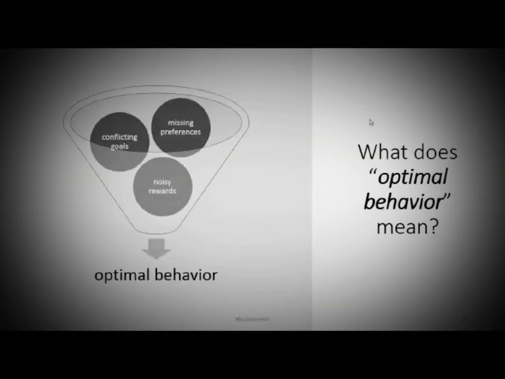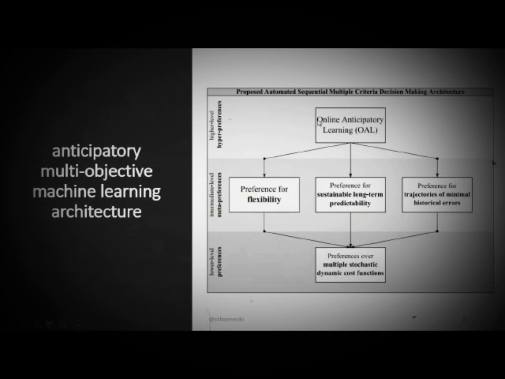Then what I'm proposing is to go one layer higher to the hyper preferences layer. And this is the concept that I'm calling online anticipatory learning, in which we're trying to control these other 3 meta preferences in a single equation. So each of these preferences that we're learning about here have a precise mathematical definition that I'll show next.